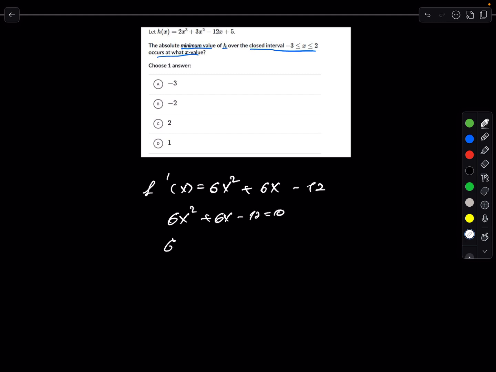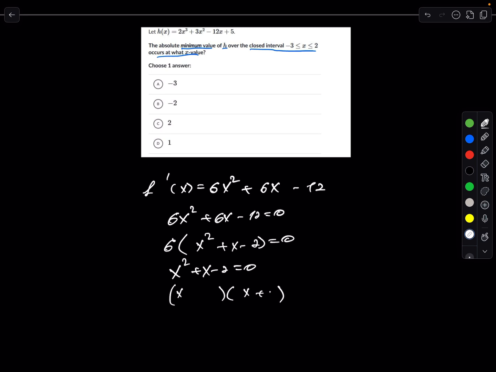Well, let's factor out 6: x squared plus x minus 2 is equal to 0. Well, 6 doesn't really play any kind of important role here, so we can solely focus on this part of the equation. And here we can factor this out.